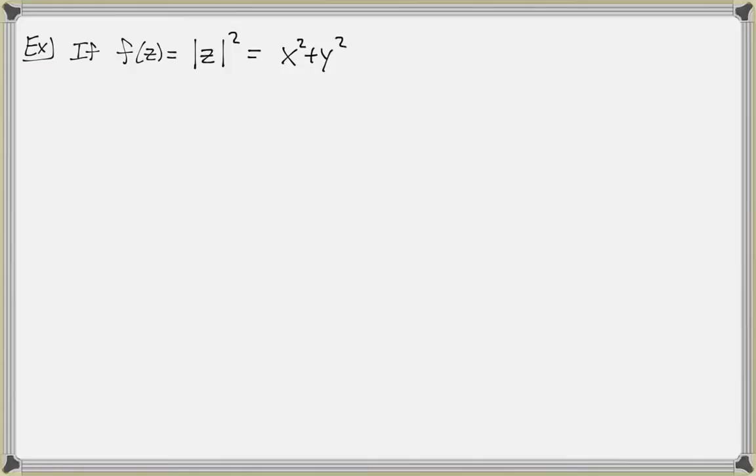So this function has real part u of x, y equal to x squared plus y squared, and imaginary part equal to 0. So this is actually a real valued function.